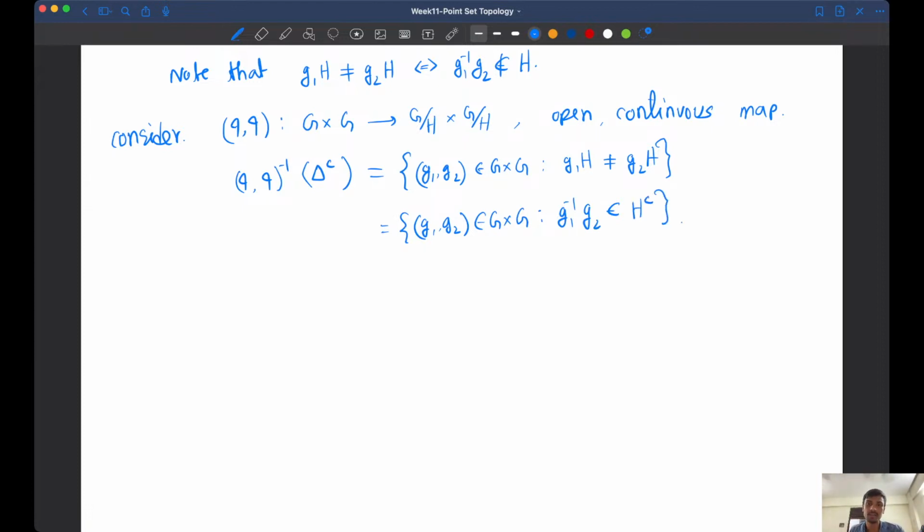Now can you say why this is open? Because H is closed, H is closed implies H complement is open, but why is this open in G cross G?